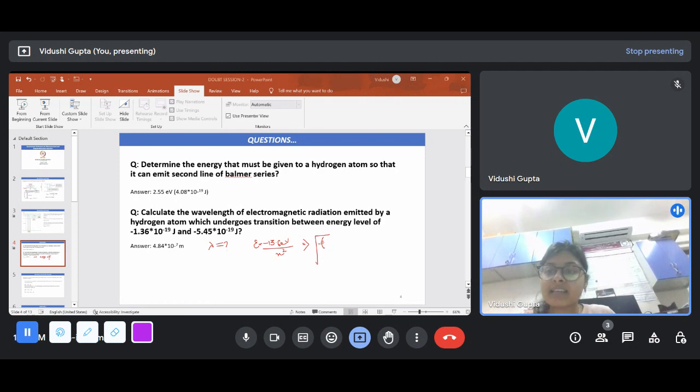If delta x is the error in position measurement and delta p is the error in measurement of momentum, then delta x into delta p should be greater than or equal to h upon 4 pi. Also, we know that momentum is equals to mass into velocity. So we substitute the value here, then it can be delta x into delta mv is greater or equal to h upon 4 pi.